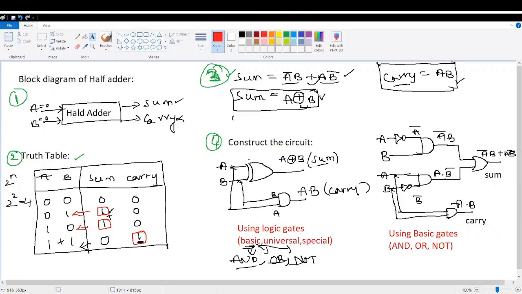So that's why in the place of XOR gate we have taken A bar B plus A B bar. So this is the circuit implementation if you use basic gates, and this is the circuit implementation if you use logic gates. And if they mention only logic gates, you can use anything: basic, universal, special gates, anything you can use. Okay, now this is one of the examples.